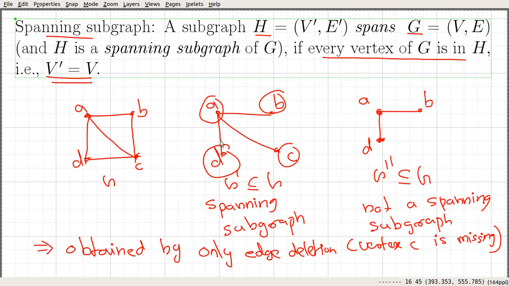Here you can see that if you consider this graph, it doesn't contain this edge, right? And this edge. So if you take this graph and remove these two edges, you get this thing, right? So normally a spanning subgraph is obtained by edge deletion. Okay, so that's what a spanning subgraph is.